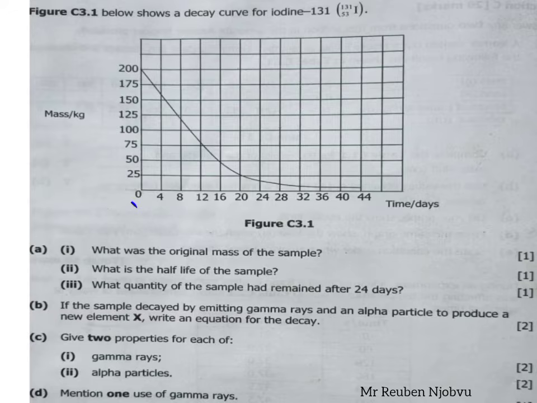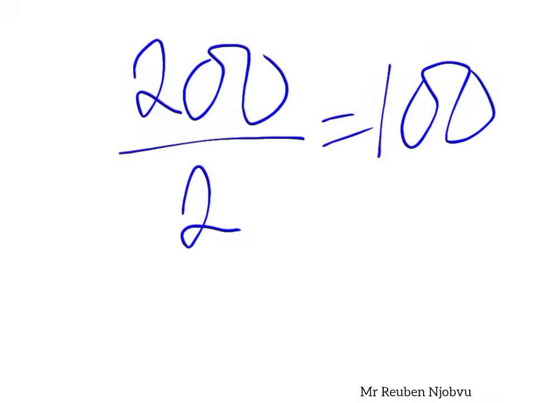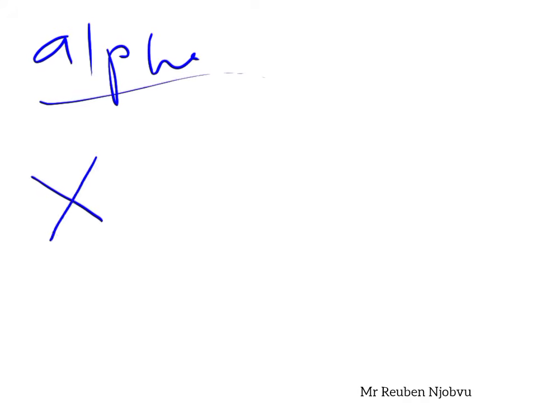B is saying, if the sample decayed by emitting gamma rays and an alpha particle to produce a new element X, write an equation for the decay. So how do they decay? We said for an alpha particle undergoing decay, the formula is this.